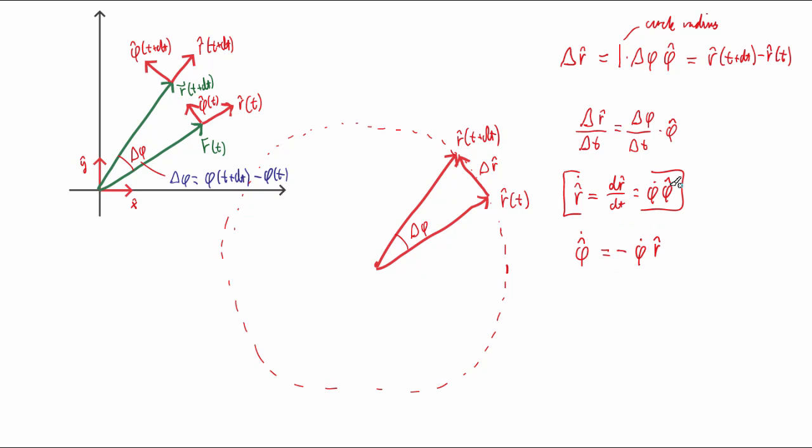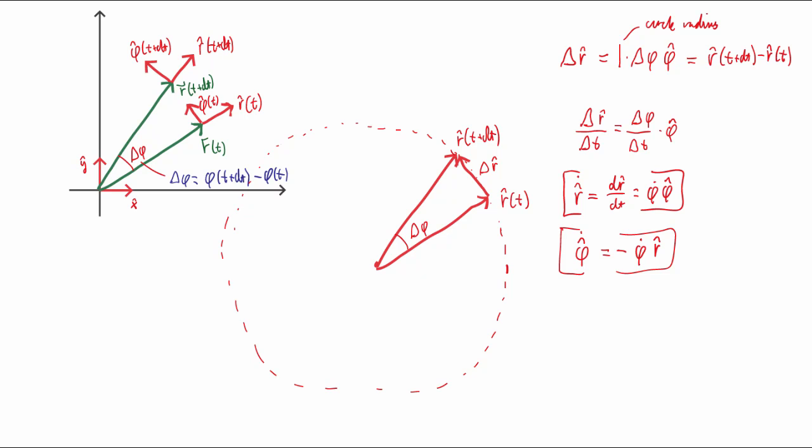The unit vectors depend only on phi, they don't depend on r. And delta phi hat, the difference between this vector and that vector, is actually going to be pointing inward. Okay, so we get this result as well.